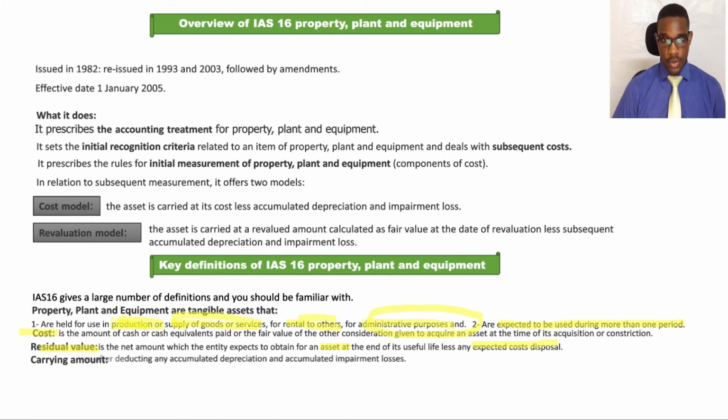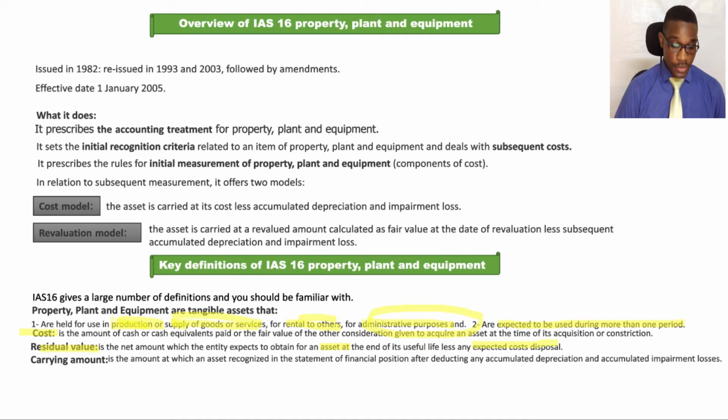The carrying amount. What does the carrying amount mean? Well, it is the amount at which an asset is recognized in the statement of financial position after deducting any accumulated depreciation and accumulated impairment loss. What does this mean? Well, when the financial statements are prepared, there should be the fixed assets or non-current assets. So under the non-current assets, let's say you have vehicles or buildings.